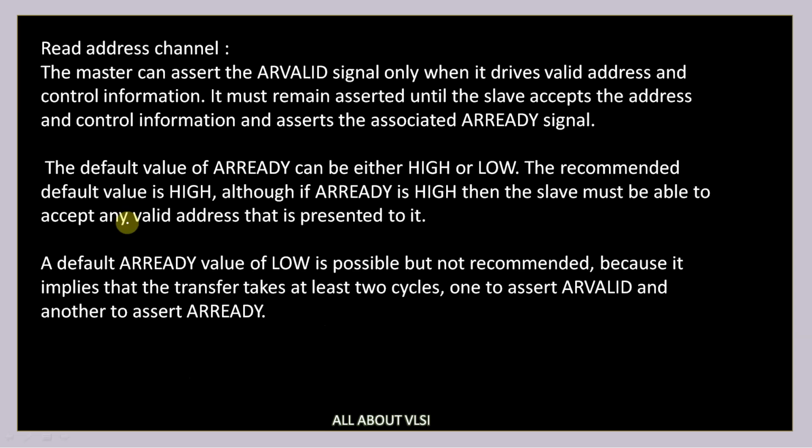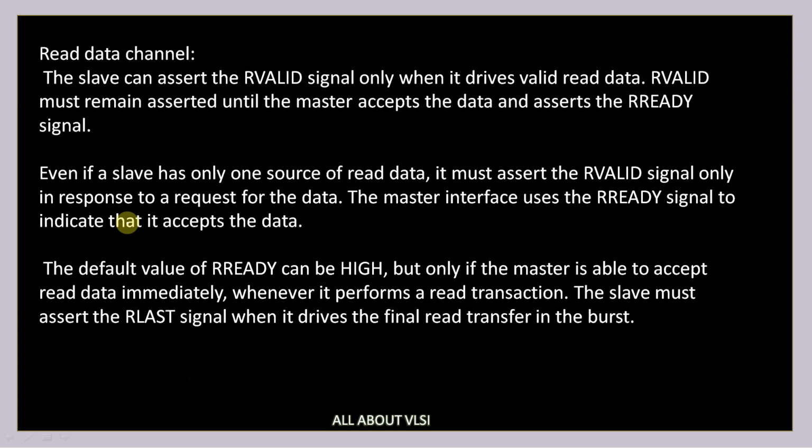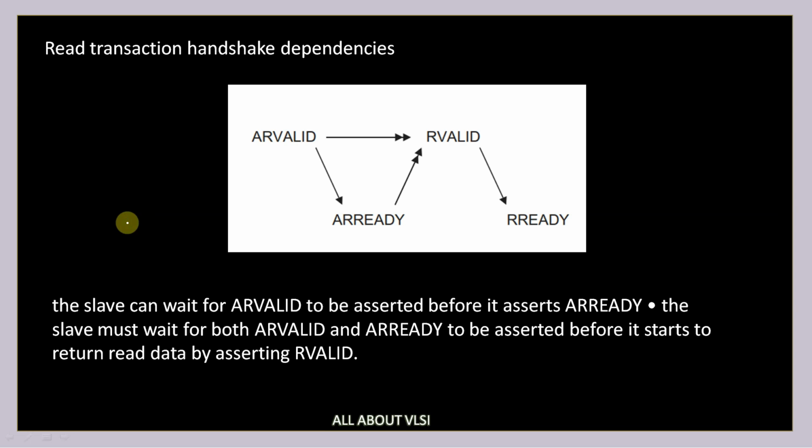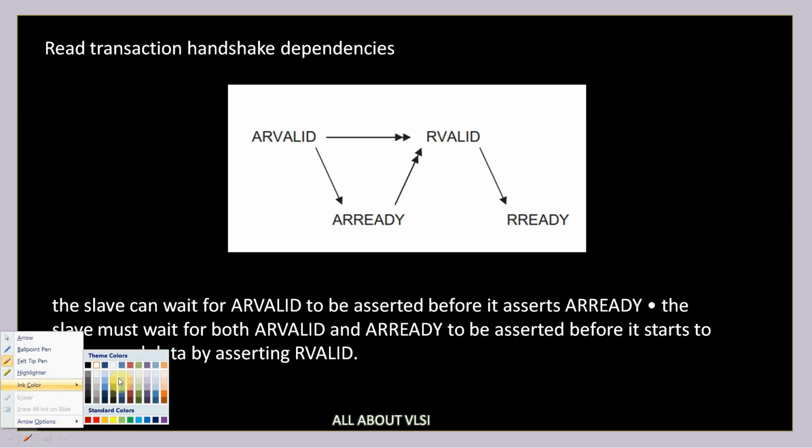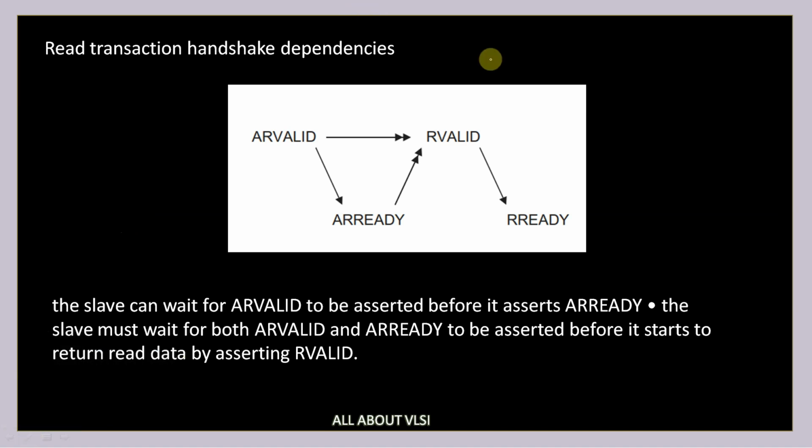Coming to read address, the same thing which we have discussed previously applies, and coming to read data also, the same thing. Now let us see one particular diagram and try to understand what the handshaking mechanism is that should be followed between different channels.